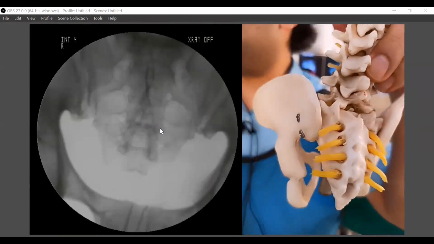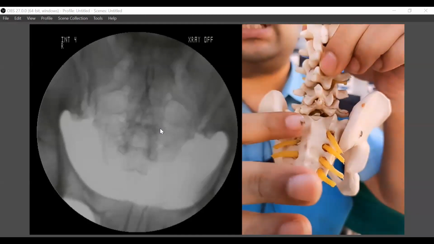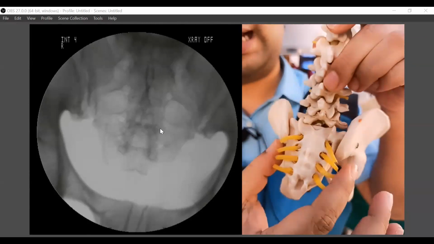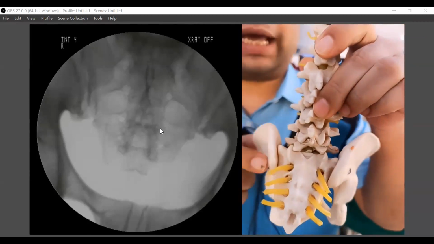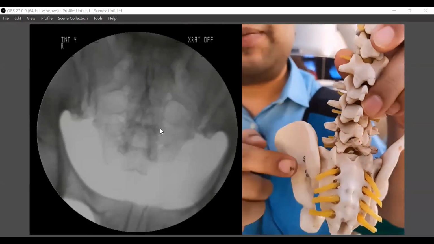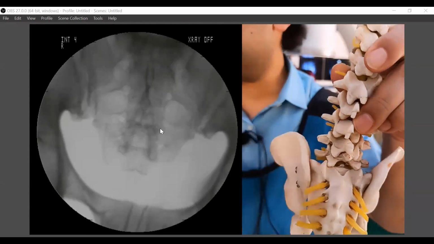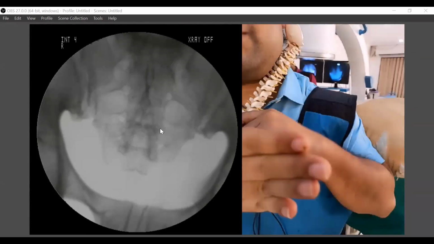Just see, this is the SI joint. This is the sacrum, and this is the iliac bone. This is a diarthrodial joint. Some part of the iliac bone is covering the sacrum like this, so this joint will become a plate-like joint.